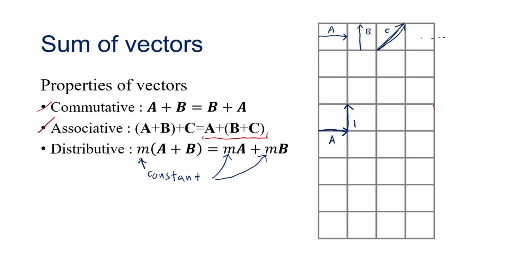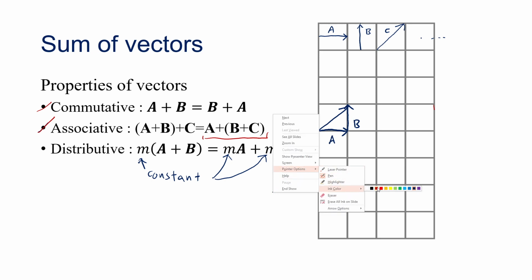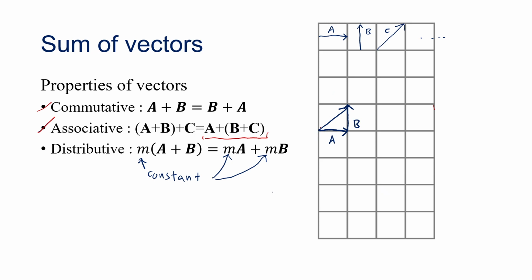This is A and this is B. Remember the resultant vector will look something like this. Let me change the color. This is the resulting vector.